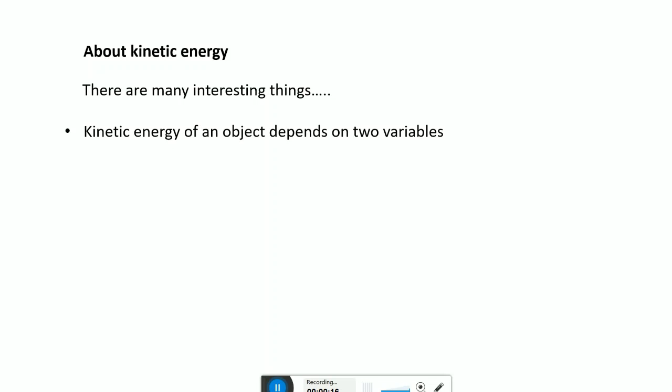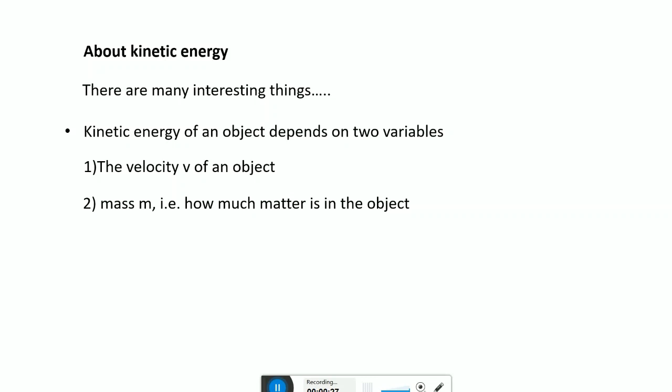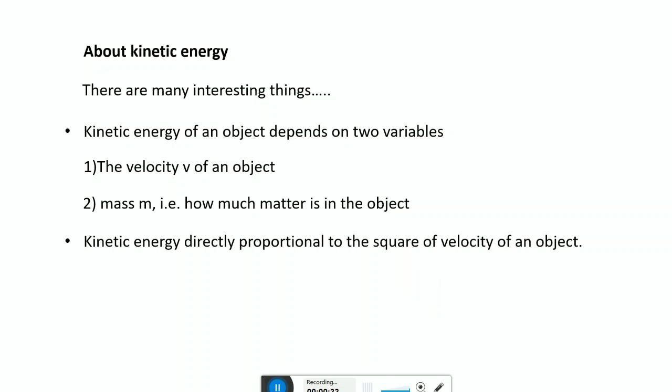About kinetic energy, the interesting things are: the kinetic energy of an object depends on two variables, the velocity v of the object and the mass m, that is, how much matter is in the object. Kinetic energy is directly proportional to the square of the velocity of an object.